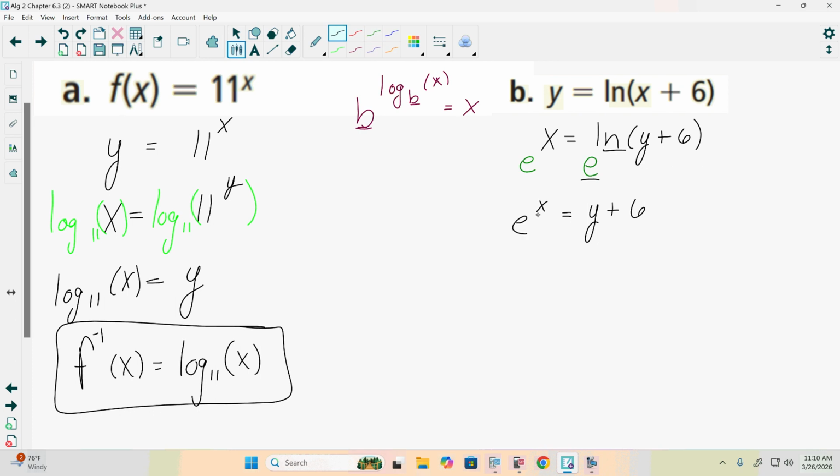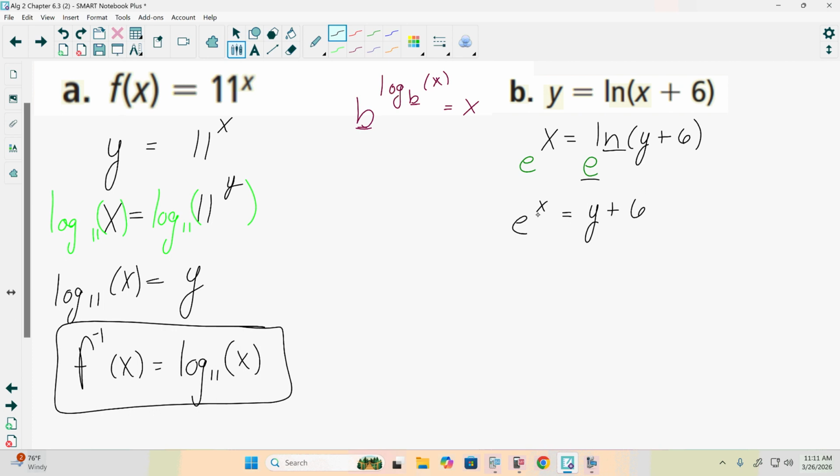So it is also possible to put both sides to a base, essentially put them up into the exponents, applying that base to both sides. And here, applying base e to both sides, the left-hand side becomes e to the x, because that's not going to reduce. But on the right-hand side, e to the natural log of y plus 6, the e and natural log reduce out. They undo each other, leaving us with y plus 6. Which, again, is our switching method for natural logs.